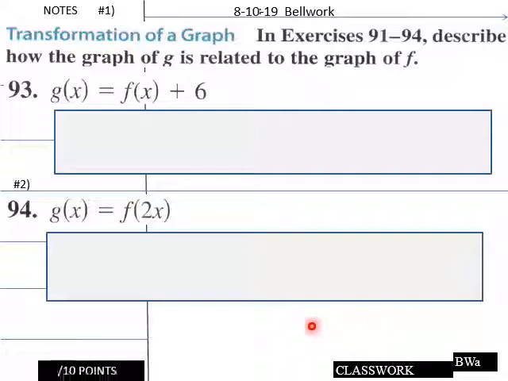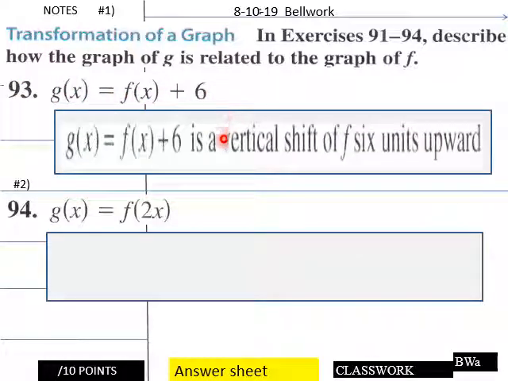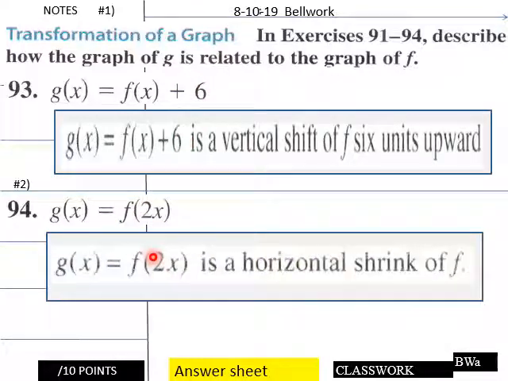Okay, welcome back for today's solutions for today's bell work. For 93 here, G of X equals F of X plus 6 is a vertical shift of F 6 units upwards, so this goes up 6 units. And then this here, F of 2X, is a horizontal shrink of F, so it will be a steeper slope.